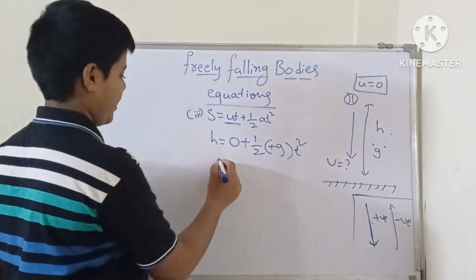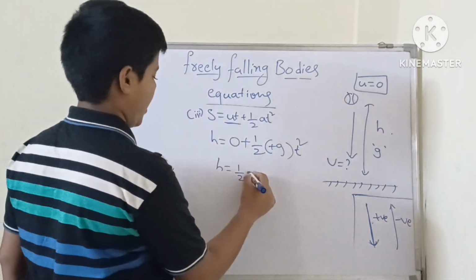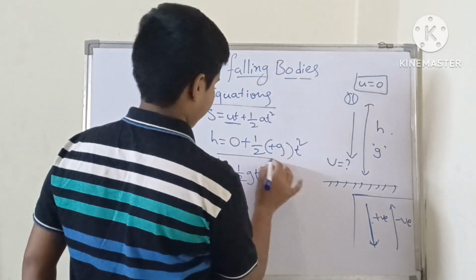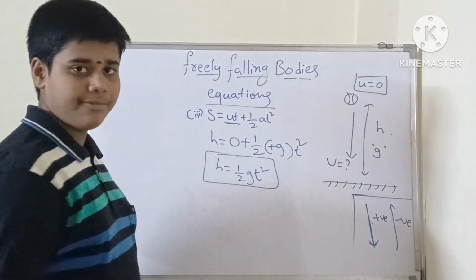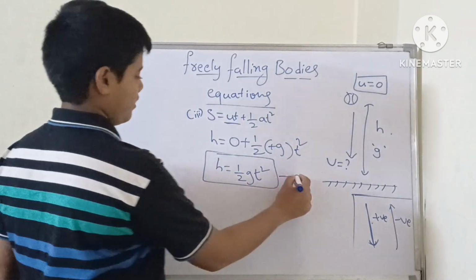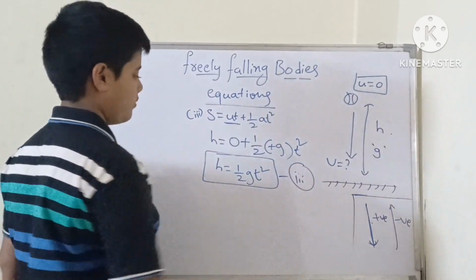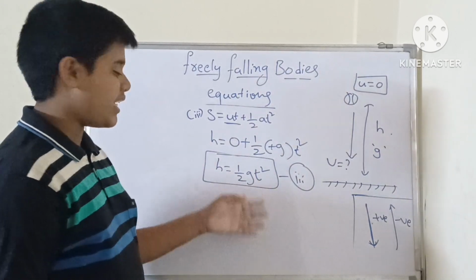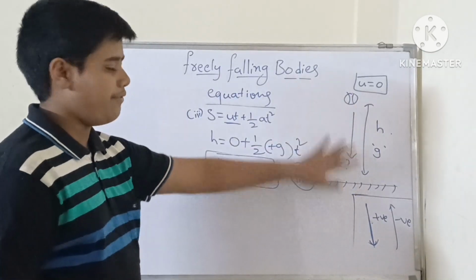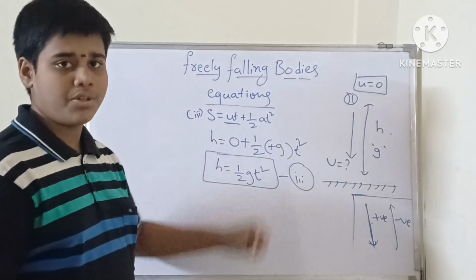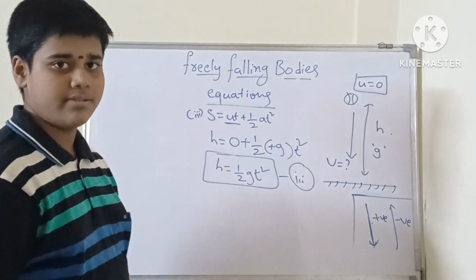Okay. So here h equals half gt square. So this is the third equation. Simply we have to replace the values of these freely falling bodies in the uniform motion kinematic equations.